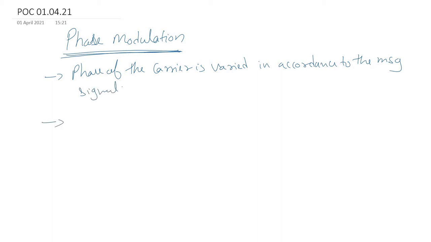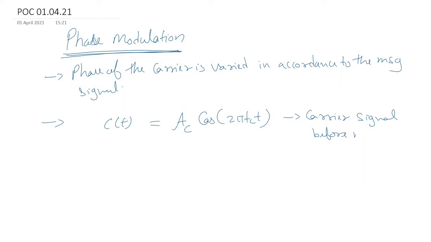If we talk about it in terms of mathematics, let's say the carrier signal before phase modulation is a high frequency sinusoidal signal, that is Ac cos 2 pi fc t. Let's say this is the carrier signal before phase modulation.